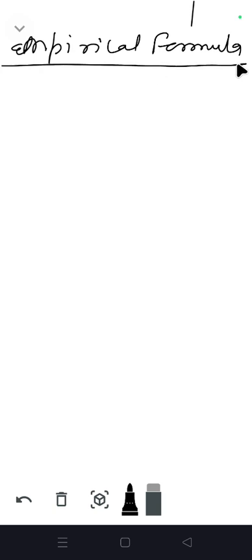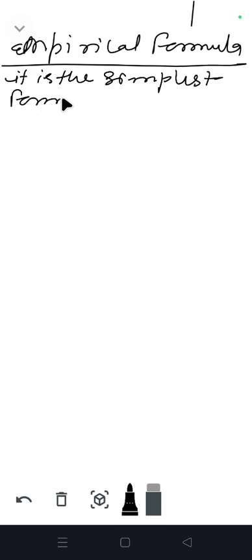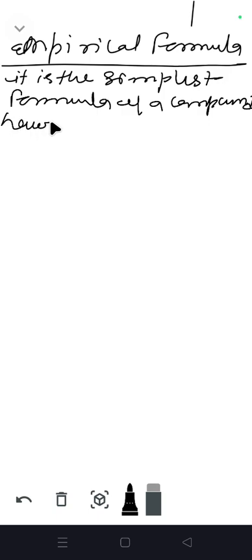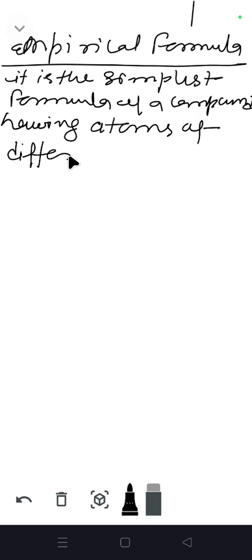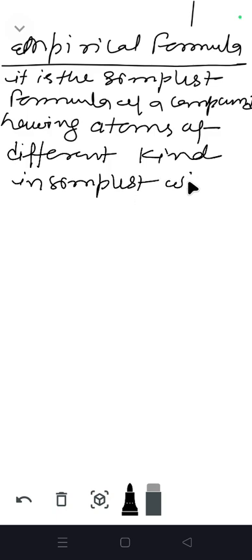The definition says that it is the simplest formula of a compound having atoms of different elements in simplest whole number ratio.